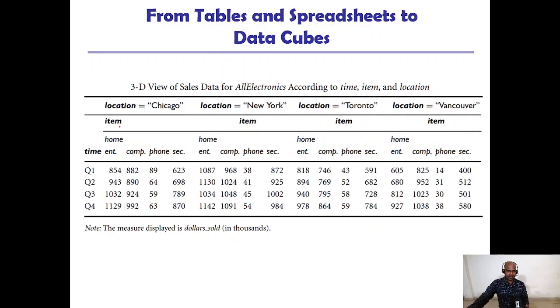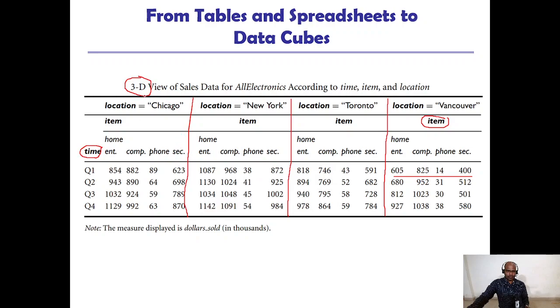Observe this. Previously we discussed the data for the location Vancouver. Here one dimension is item and another dimension is time, with the same values: 605, 825, 14 and 20. The difference between 2D data and 3D data is that 3D data is nothing but a collection of two-dimensional tables.